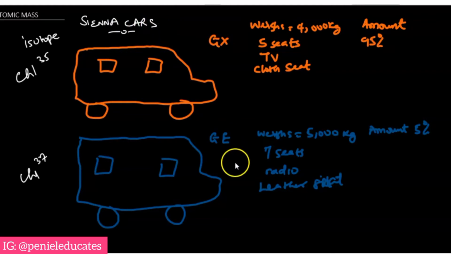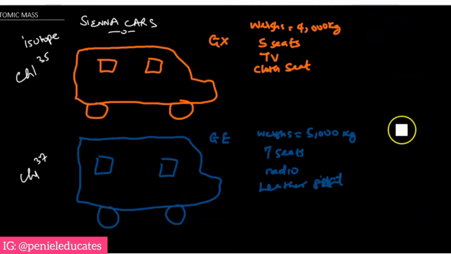All right. Now, if we were to calculate the normal average of the weight of these cars, not taking into account the amount that they have, so let me just clear this out. We're not taking into consideration the amounts or the abundance of the type of Sienna cars that we have in the system.